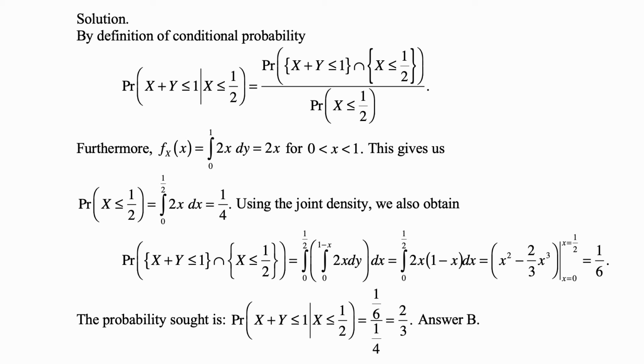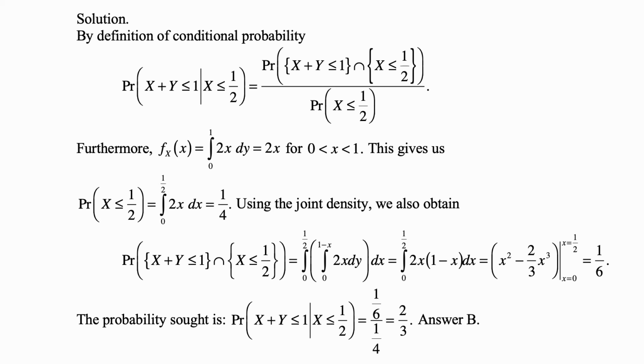So that's the integral of 2x minus 2x squared. The integral of 2x is x squared. The integral of 2x squared is 2/3 x cubed, and we evaluate that from x equal to 0 to x equal to 1/2. Okay, well, at 1/2, x squared is 1/4, and x cubed is 1/8, and that's 0 at 0.